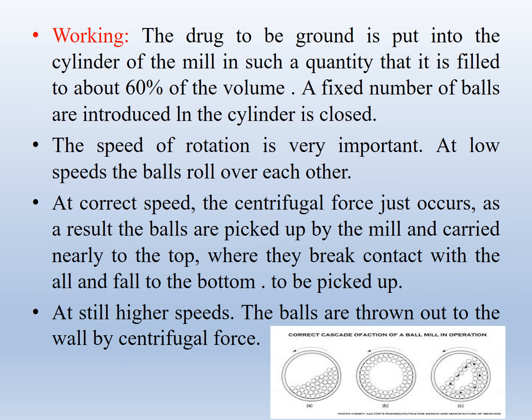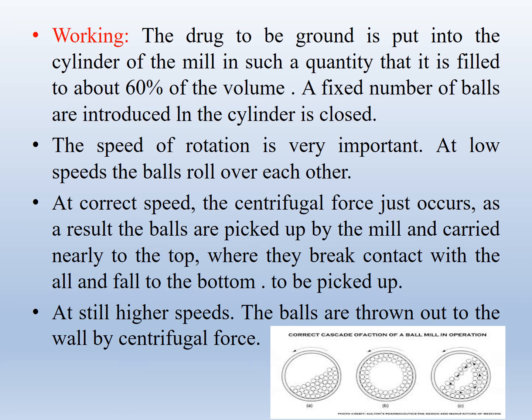At low speeds, balls only roll over each other, as shown in the diagram. At the correct speed, the centrifugal force just occurs, as a result of which the balls are picked up by the mill and carried nearly to the top, where they break contact with the wall and fall to the bottom to be picked up again.